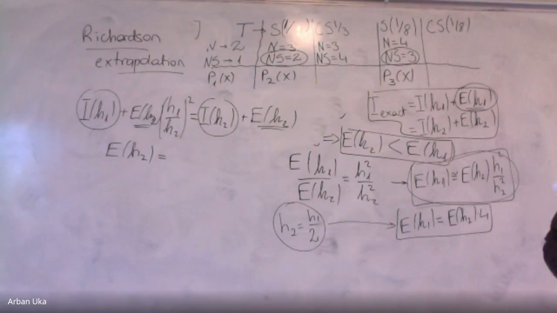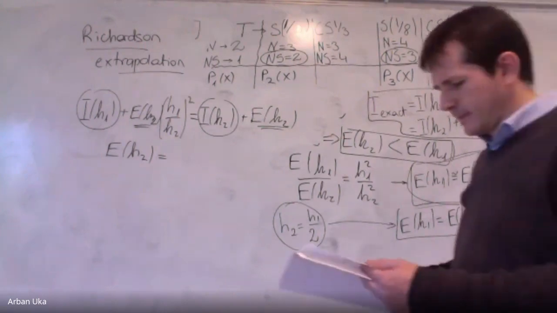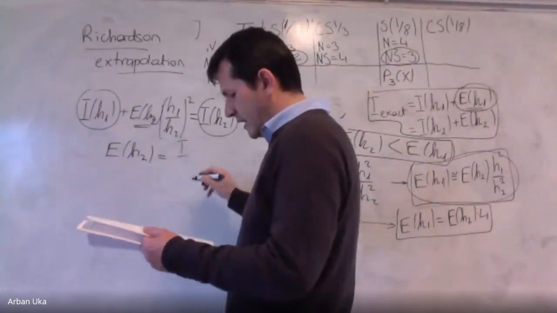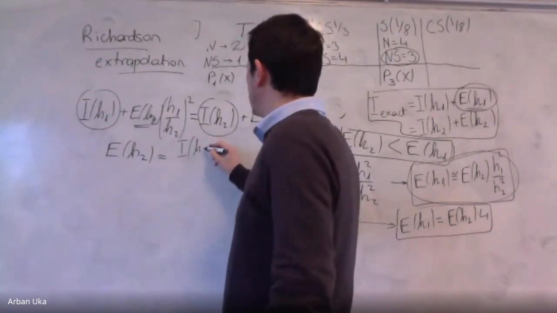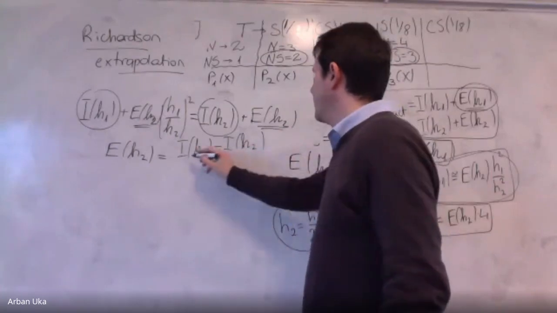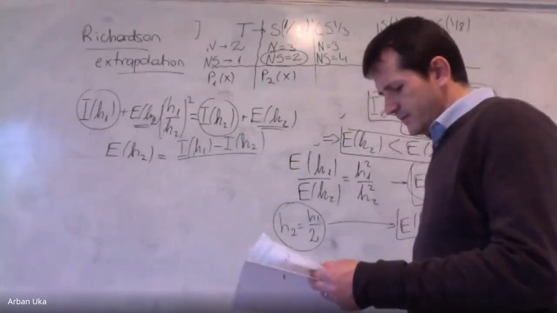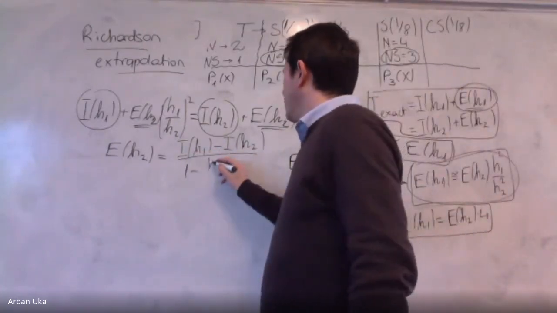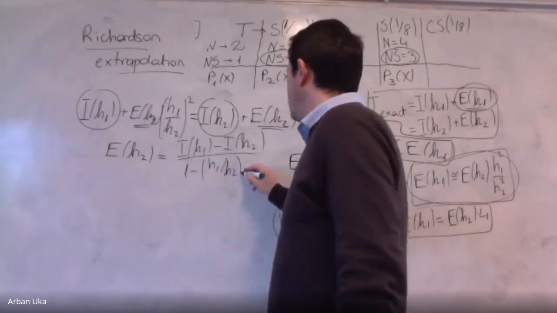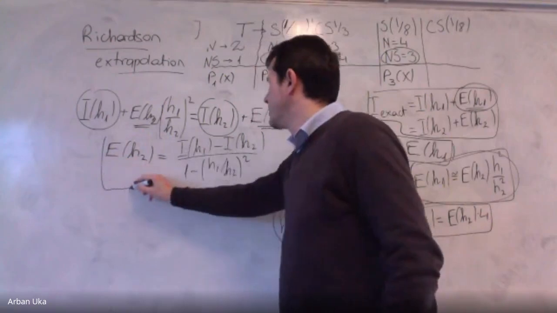Now the error in H2 can be written as the difference between these two, so it's the approximated integral as a function of H1 minus the approximated integral as a function of H2, over 1 minus H1 over H2 squared.